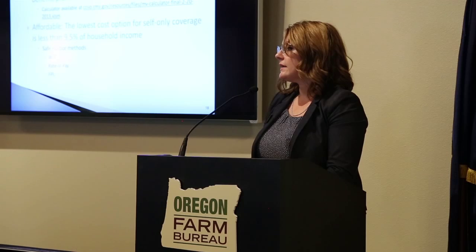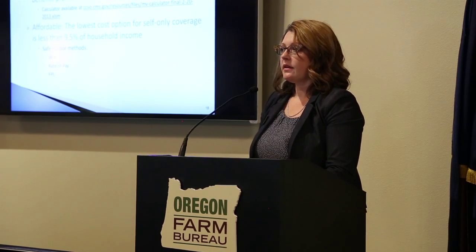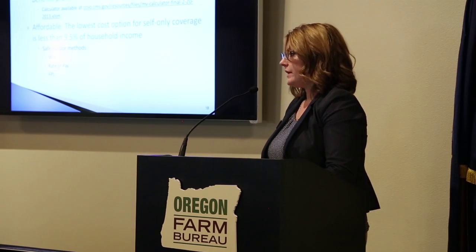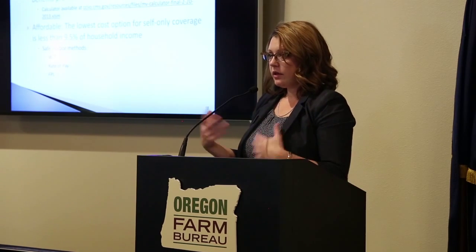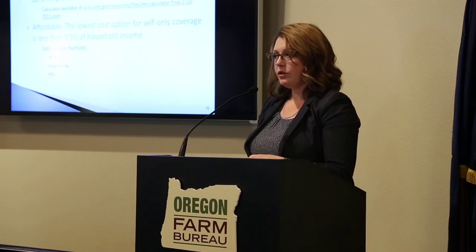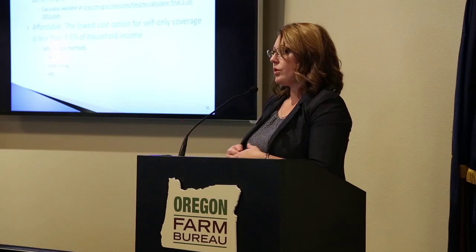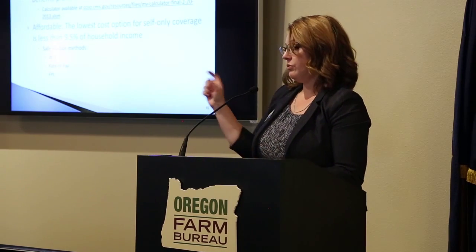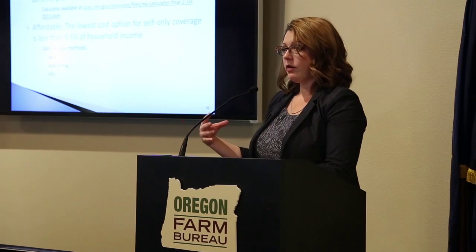So affordability is calculated based on 9.5% of an employee's household income. You don't know an employee's household income, so you can't calculate it that way. So the IRS said there's some safe harbors. You can use an employee's W-2 as long as you do not charge more than 9.5% of the employee's W-2 wage, then it will be considered affordable.